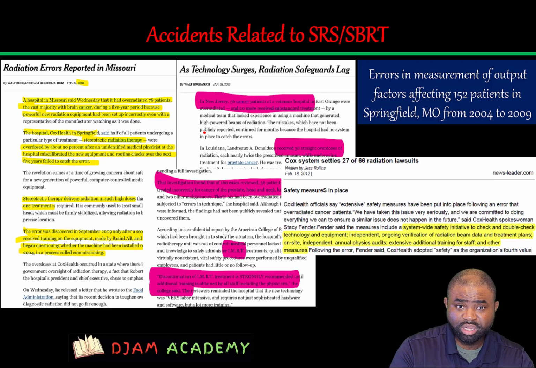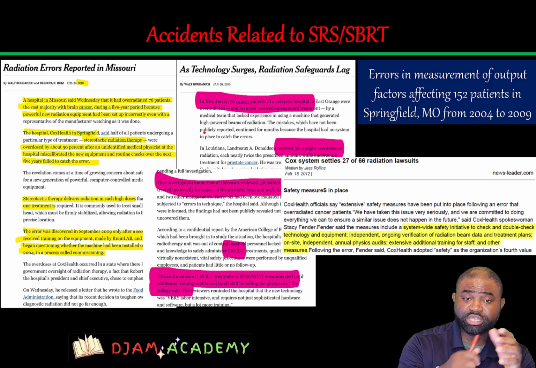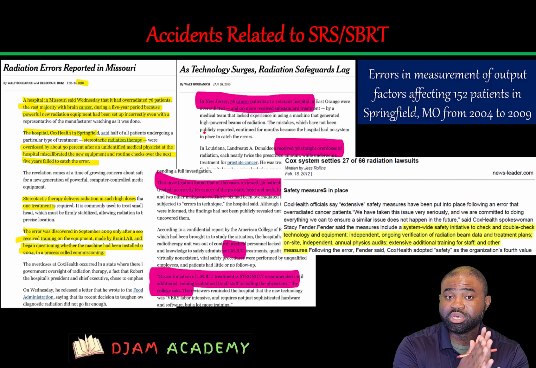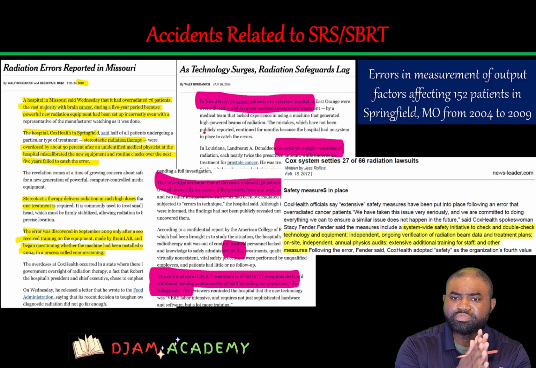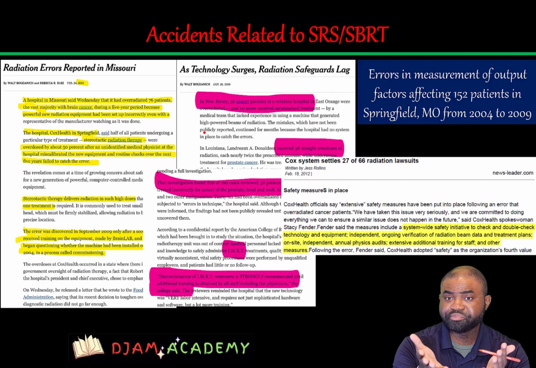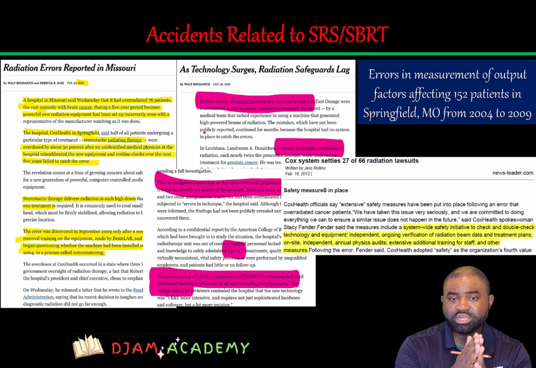In Cox Health, a hospital in Springfield, they accidentally over irradiated about 76 patients, most of whom were treated for intracranial stereotactic procedures. These patients were overdosed because of errors in the measurements of small field output factors.